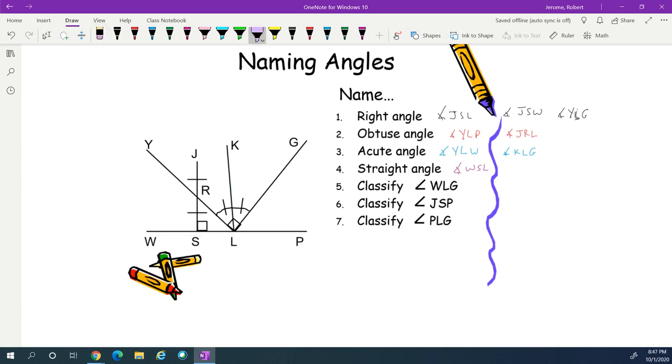We could have picked a different one. Here we have J. One side goes through R, and the other side goes through S. So that's another straight angle. Maybe we call it angle JRS. So there's a bunch.